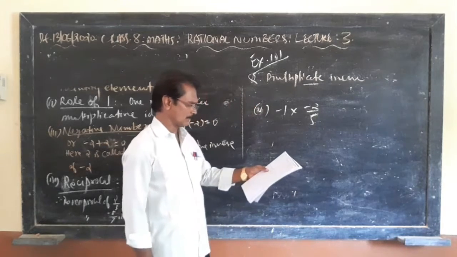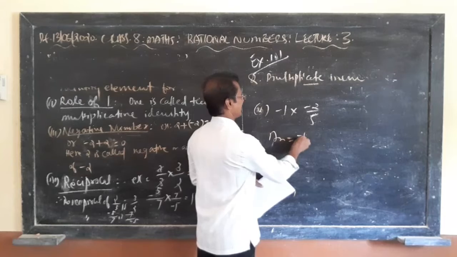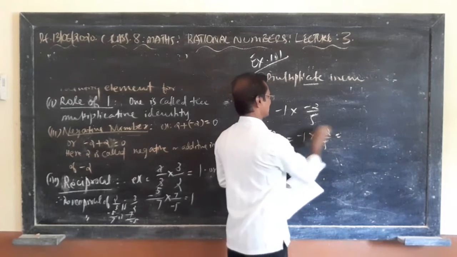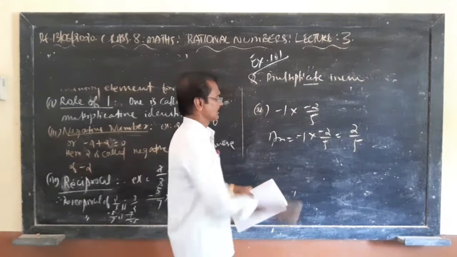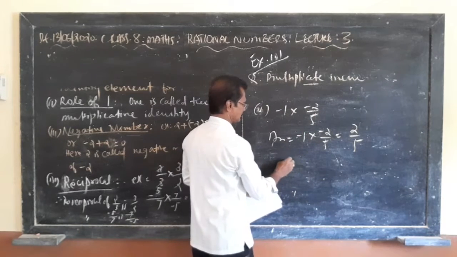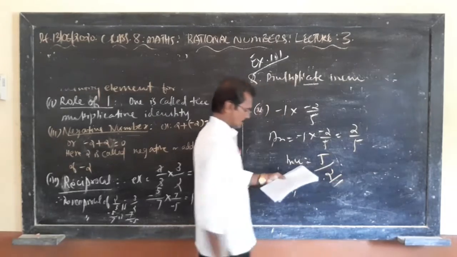The answer will be: 2 ones are 2, so 2 upon 5. Then the inverse is 5 upon 2.